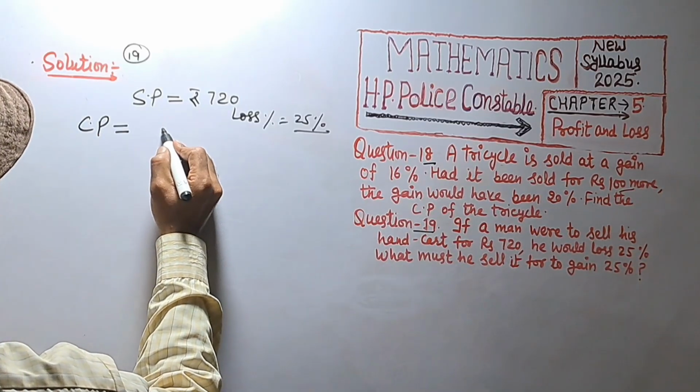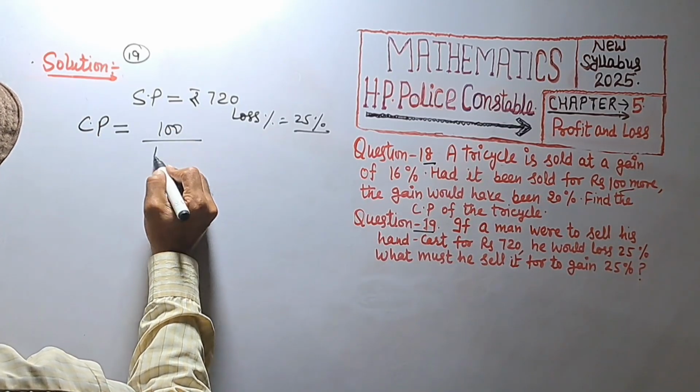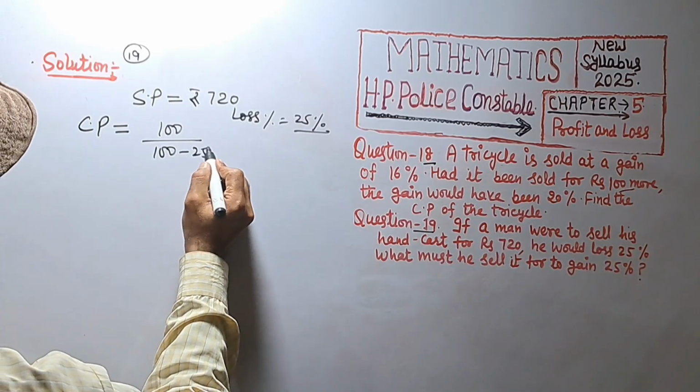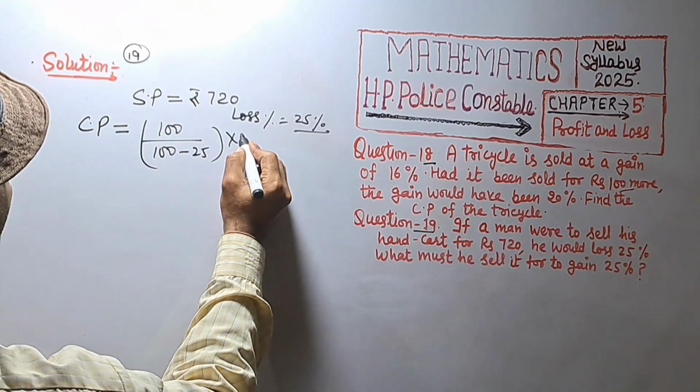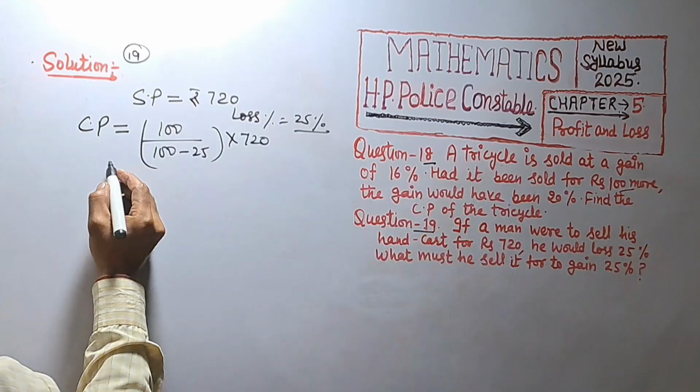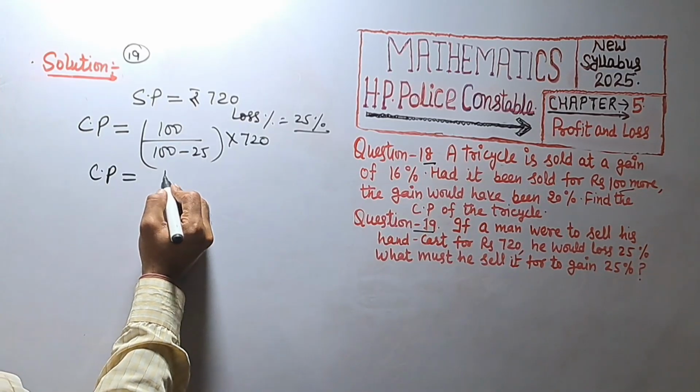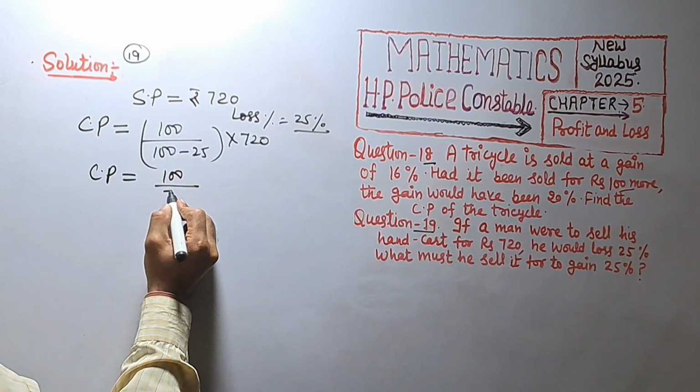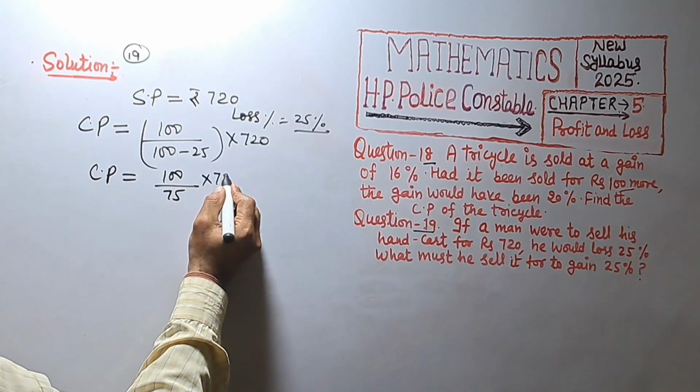Cost price is equal to 100 upon 100 minus loss percent multiplied by selling price 720. CP equal to 100 upon 75 into 720.